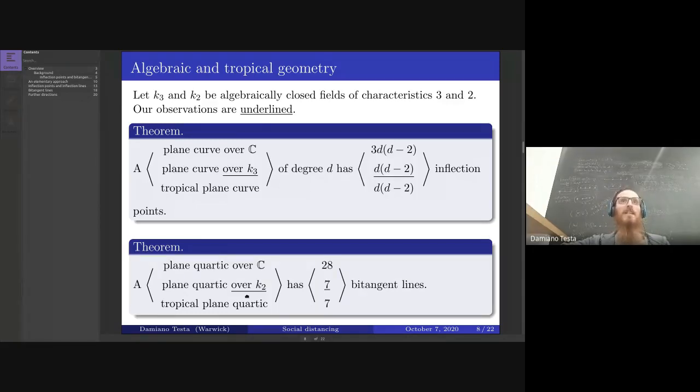And somehow the statement is that every connected component of the limit contributes one inflection line from a source. Or in fact, we'll see not one because there is a factor of 3, but we'll get to this later on. But I see I received the thanks for the explanation, so I think I answered the question. Are there any more questions about this?